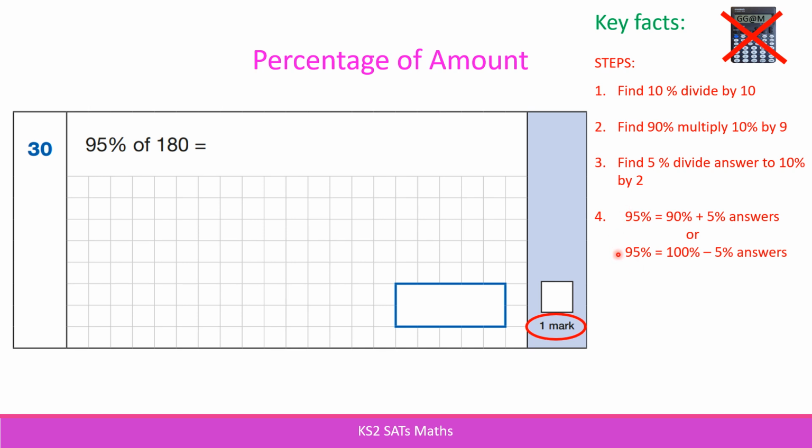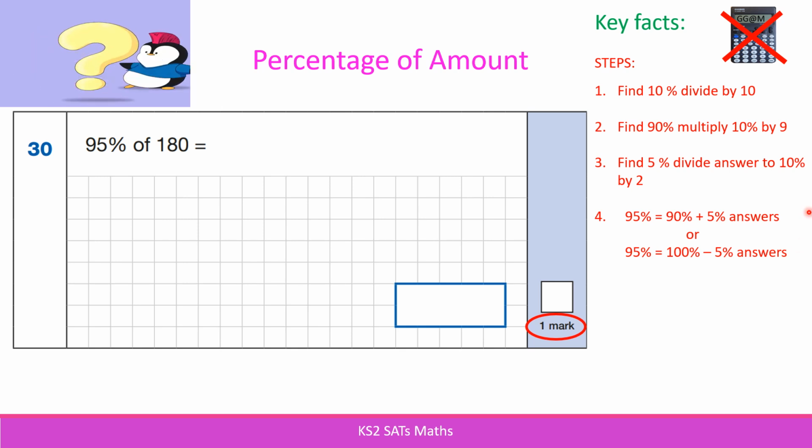It's personal preference as to which way you prefer to do it. I would say the majority of people would probably automatically think to do 90% and then 5% and add it, because most people prefer to add. Some people will prefer to do 100% take away 5 because it is quicker. Let's pause, have a go at working out the answer, choose which method you want to use, and then press play when you've got an answer.